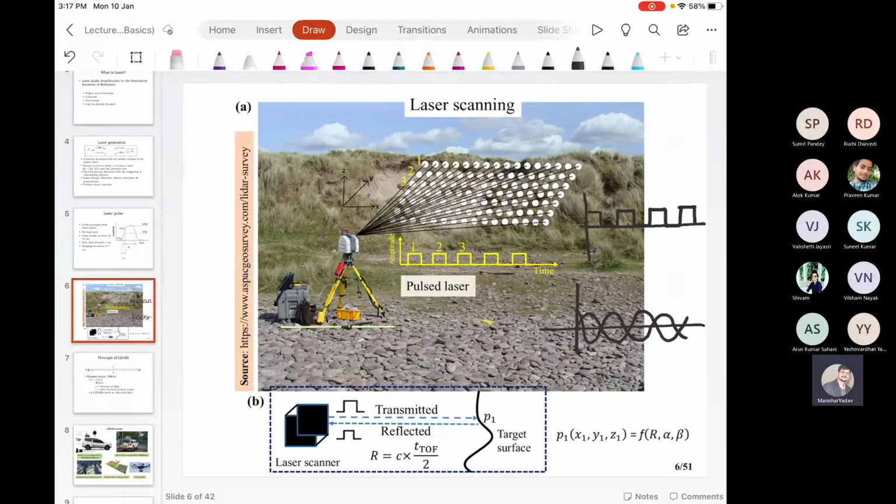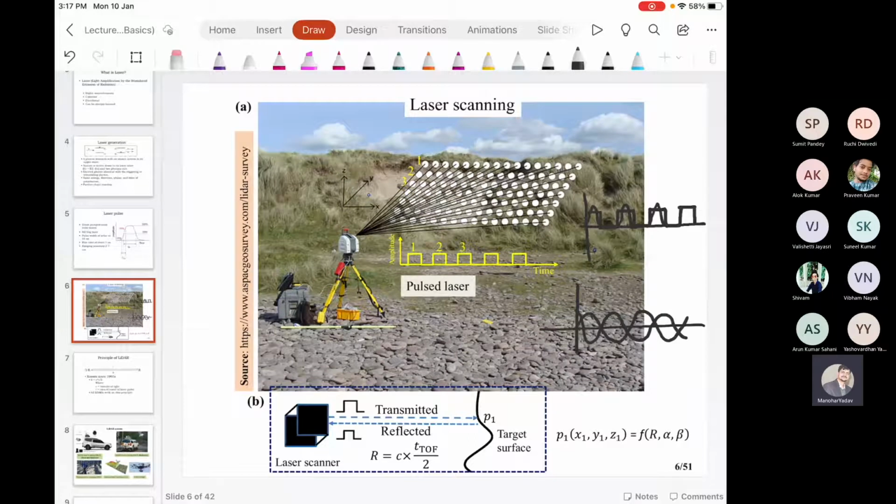Then there is a gap, and after that the same pulse is transmitted again by the transmitter. Then again there is a gap, and the next pulse is transmitted. While in the case of a continuous wave laser, energy is transmitted continuously in the form of a laser beam.